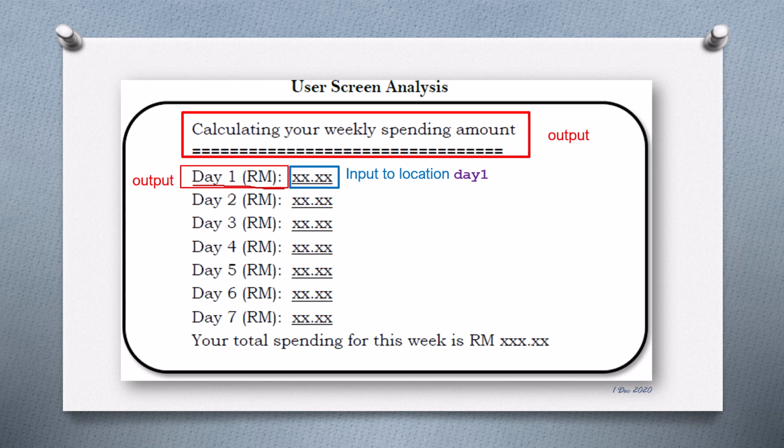Next, identify the second one. This is simply output of string. Next one is again input, but to another location, because this is now day 2. So we simply use the location name day 2.